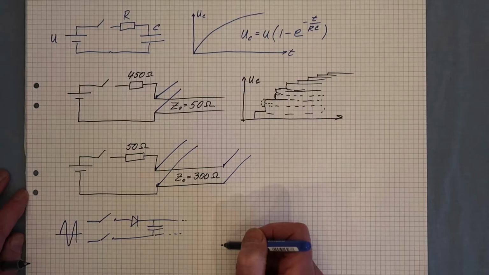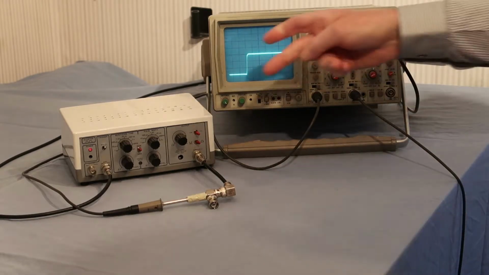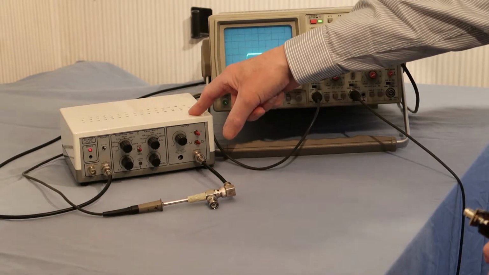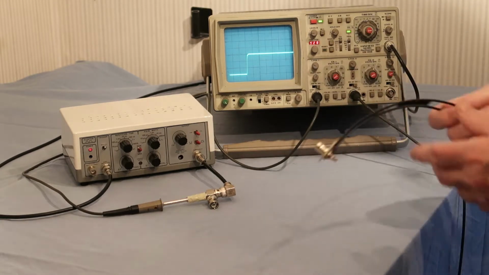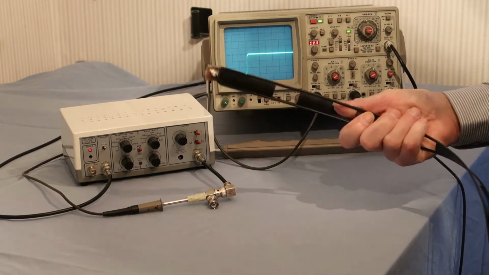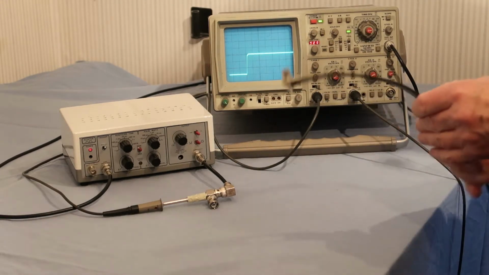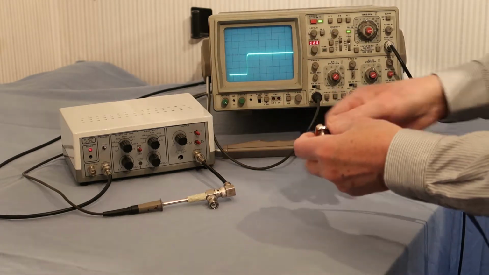That's interesting. We have the generator with 50 ohm internal resistance, and this is a 300 ohm twin lead.